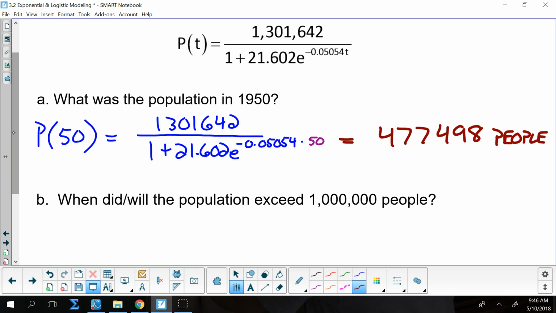Find that for me now. Give me one method that you use to solve this one, when Dallas made 1 million people. What do you got? Overall, how did you solve it?